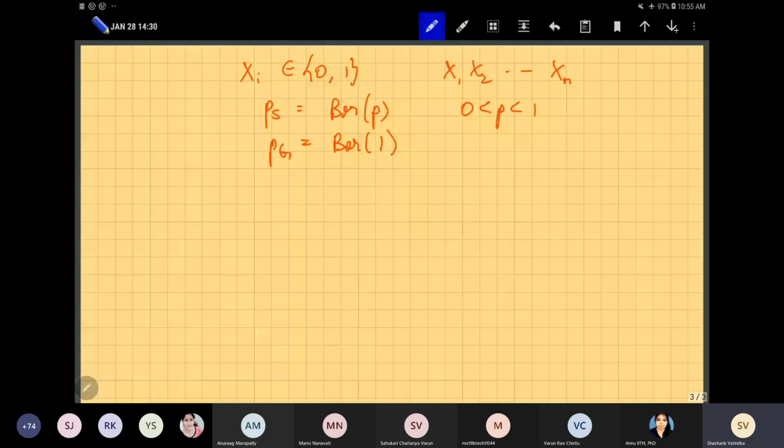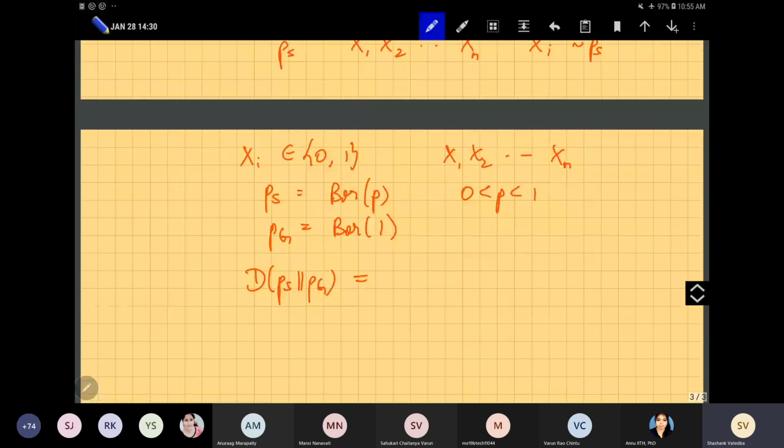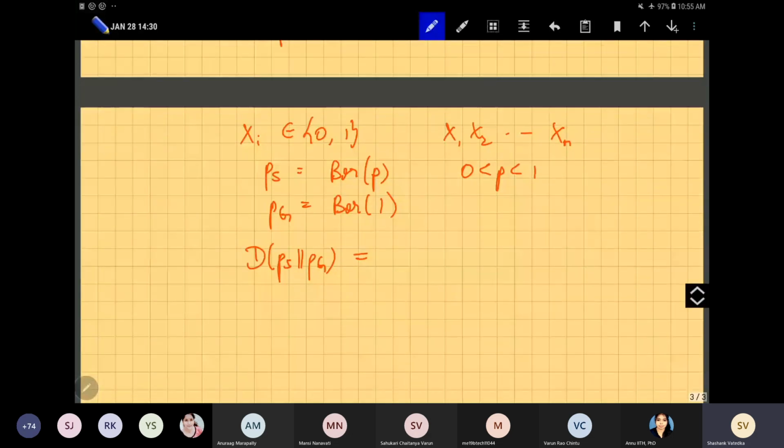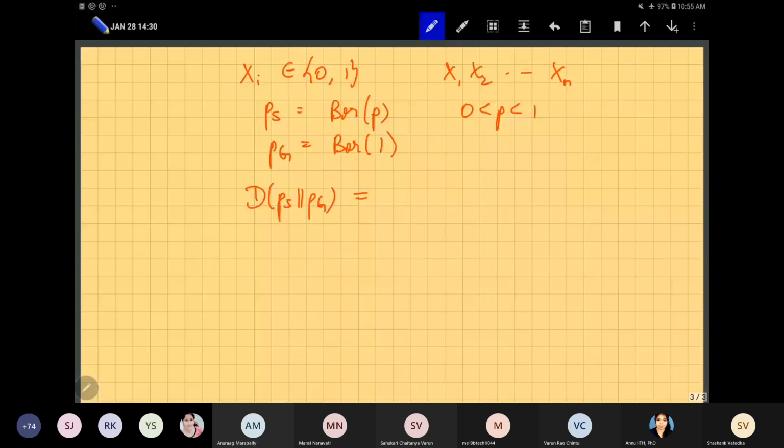In this case, what is the KL divergence equal to? PS is Bernoulli P, PG is Bernoulli 1. It's infinite. And what does it say about the classification problem?